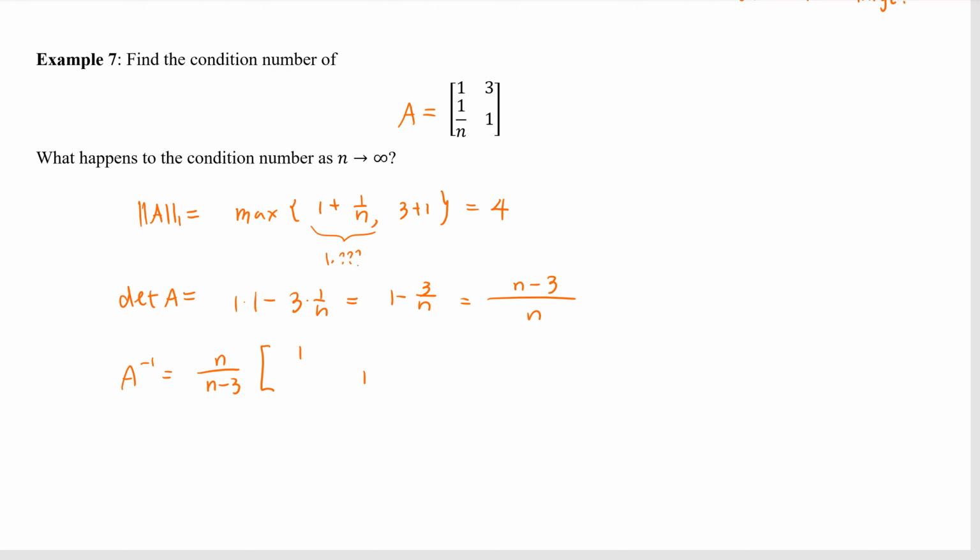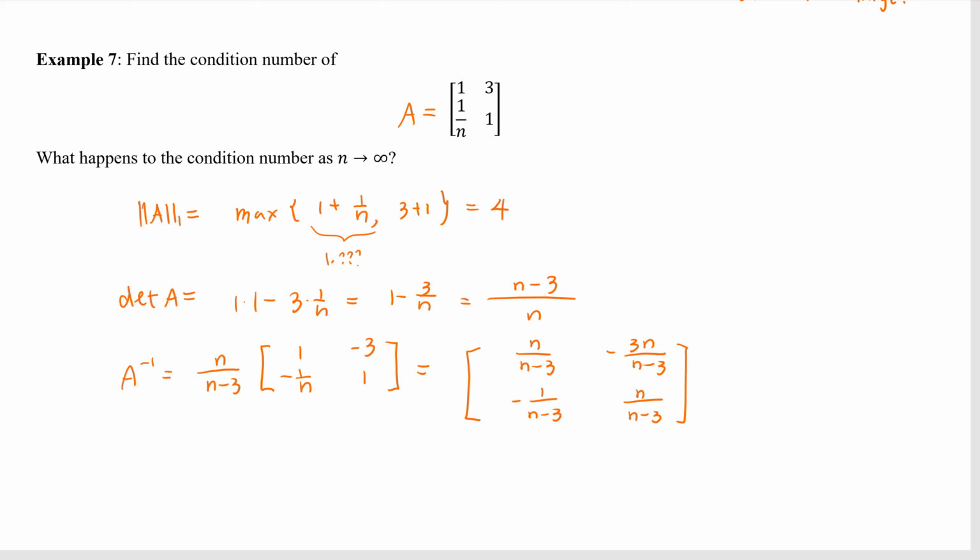And then B and C, put a minus sign in front of it. Well, let's multiply by n. We get n over n minus 3. Here, n and n cancel, with minus 1 over n minus 3. There we have minus 3n over n minus 3. Here we have n over n minus 3.